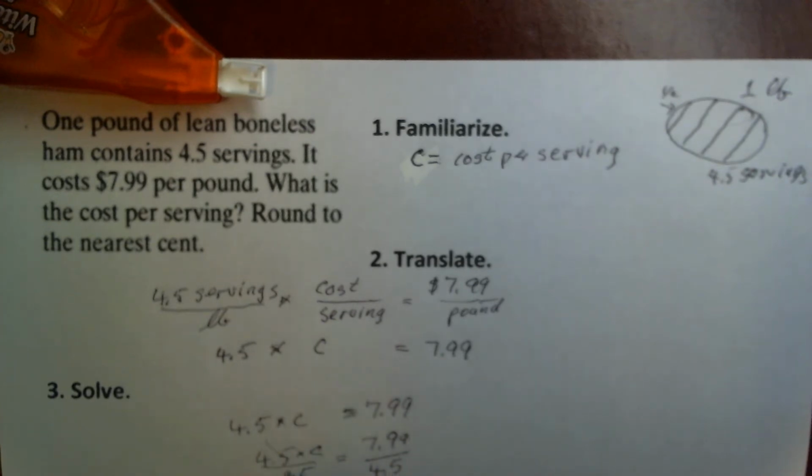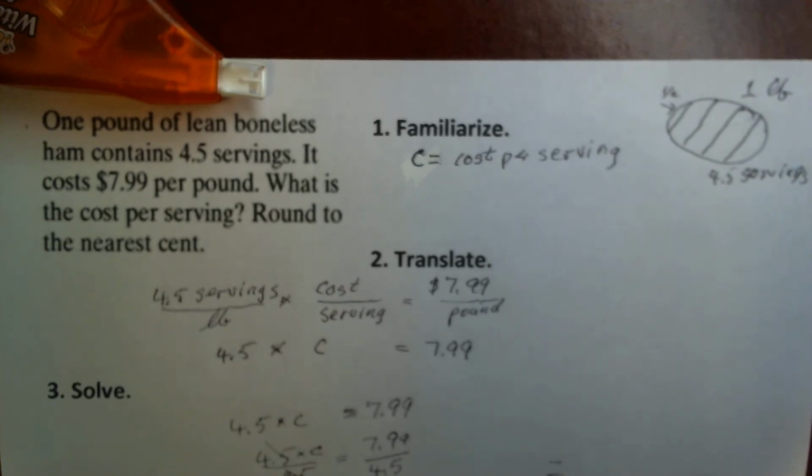So the 4.5's cancel. So on the left side we have C, we've isolated C, and 7.99 divided by 4.5 is 1.7755, etc. So that's equal to 1.775 with a bar, because that is a repeating pattern.